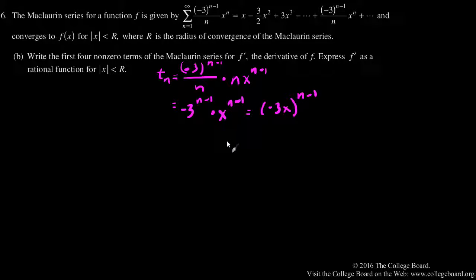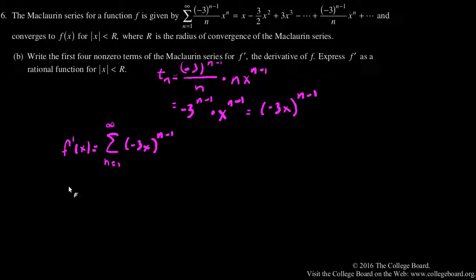Okay, and now we can see that f prime of x will equal the sum of all these terms from 1 to infinity of -3x to the n minus 1.